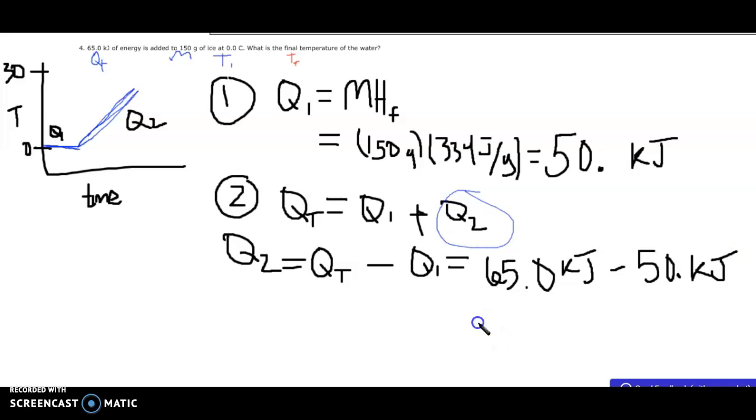So your difference should be 15 kilojoules.